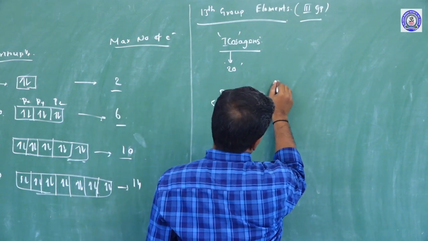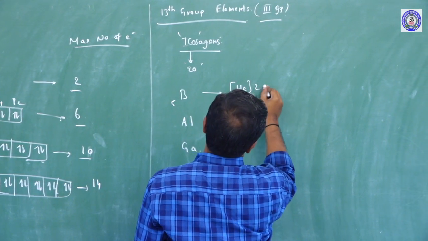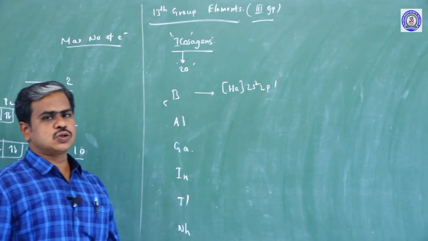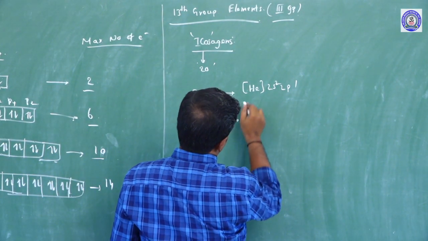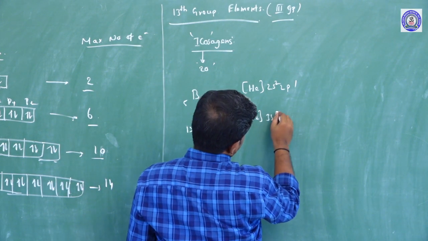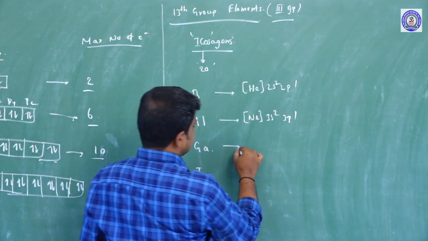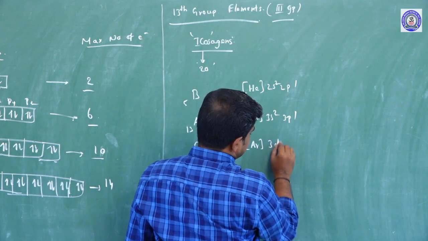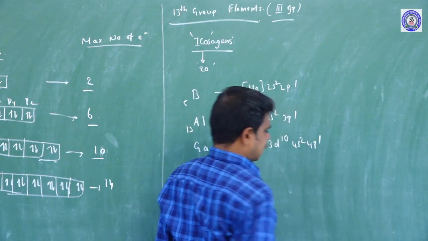Now let us take the electronic configuration. Boron has atomic number 5, so its configuration is helium 2s2 2p1. Aluminium is 13, so neon 3s2 3p1. Gallium is argon 3d10 4s2 4p1.